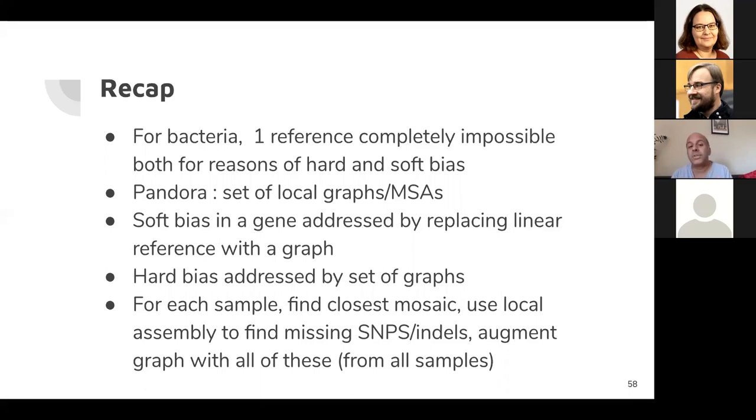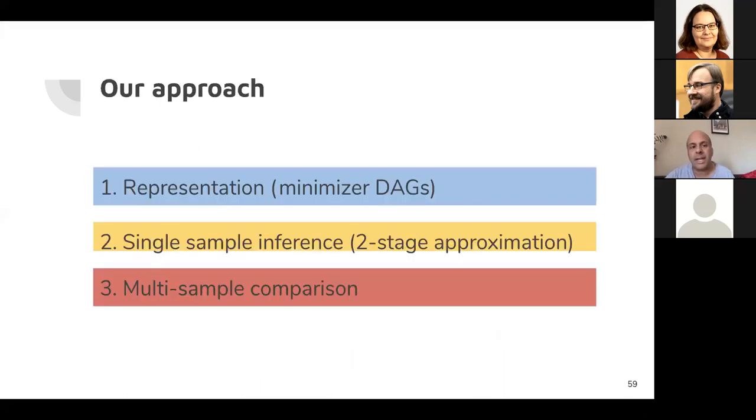Pandora generates a set of local graphs from multiple sequence alignments. Soft bias is addressed by using the graph. Hard bias is addressed by having a set of graphs. And for each sample, we find the closest mosaic, use local assembly to fix stuff, and augment the graph with everything that we found so far. Okay, that takes us through sections 1 and 2, and now into section 3, which is how we're going to compare samples.